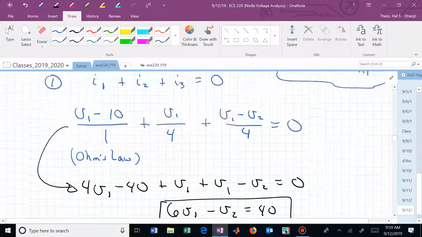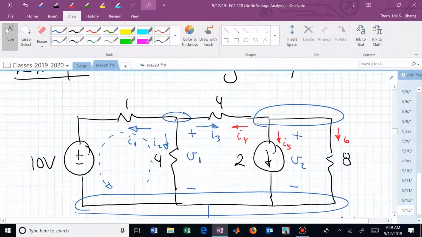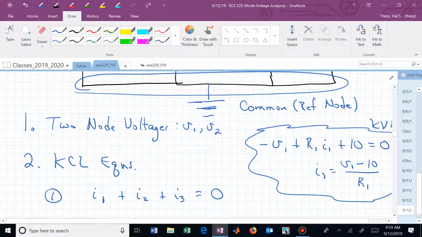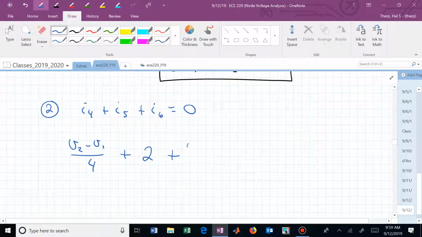What's I sub 6? It's not 6, it's I sub 6. That's V2 over 8, isn't it? Ohm's law. And that equals 0.